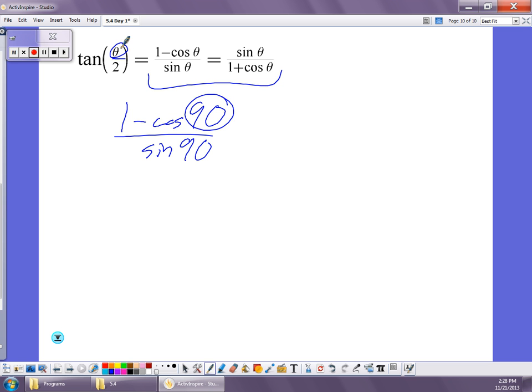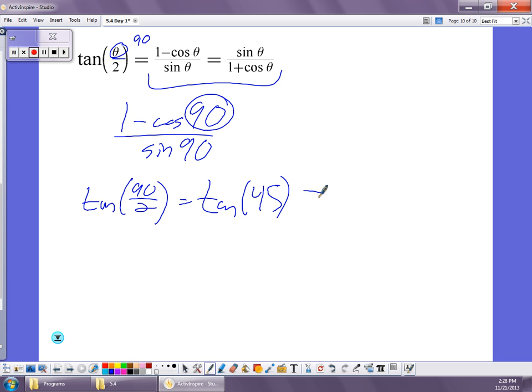My theta is 90, so I have tangent of 90 over 2, tangent of 45, just through simplifying, which equals 1. And again, if we were to work out this here, you would see 1 minus cosine 90 is 0, over sine 90 is 1. So even if you did it here, you would get the same answer.